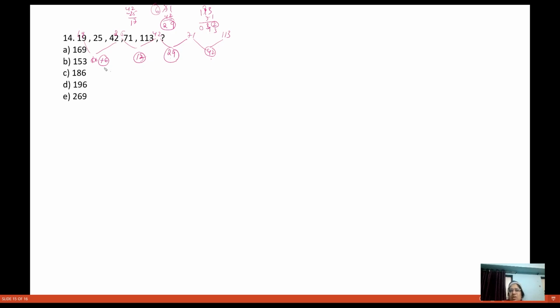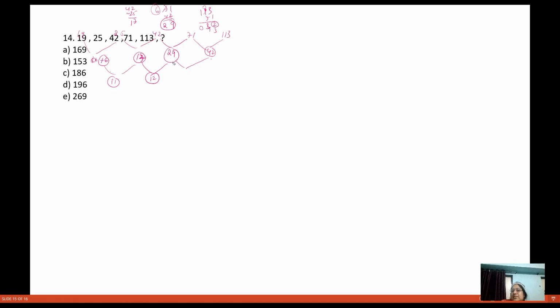This difference is how much? 11. This difference is how much? This is 17 and this is 29, so this difference is 12. But this difference is not 13.